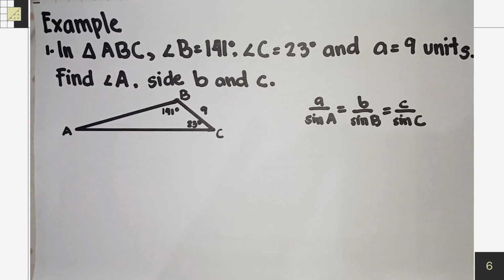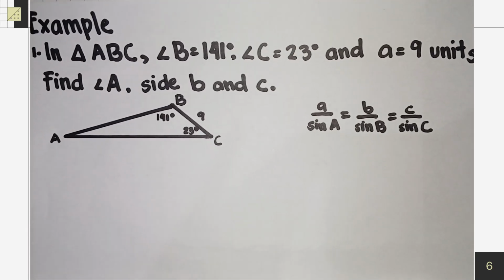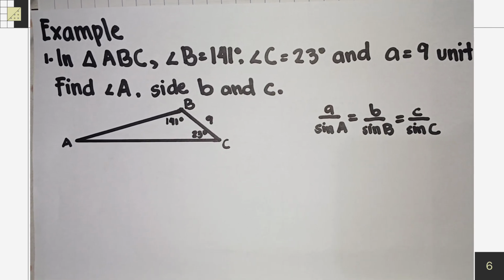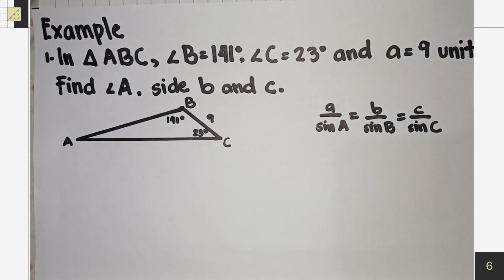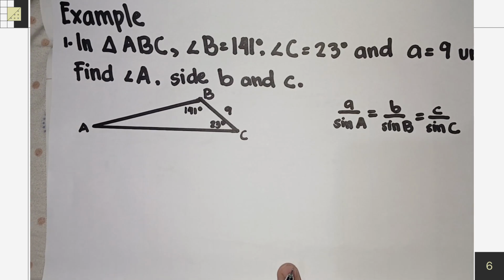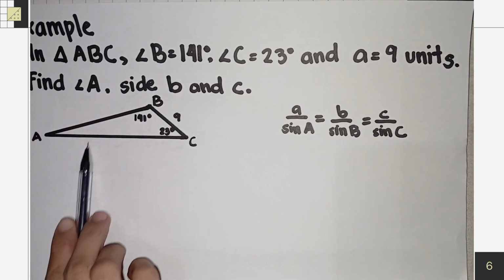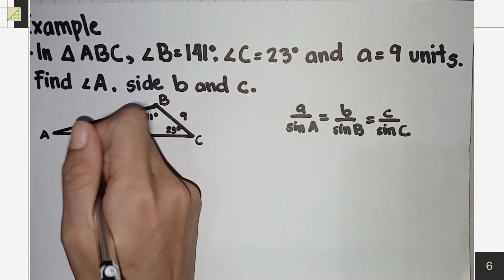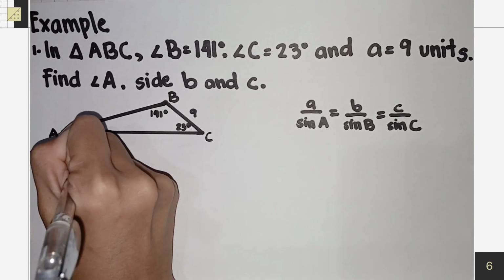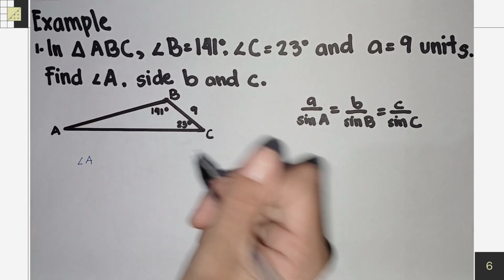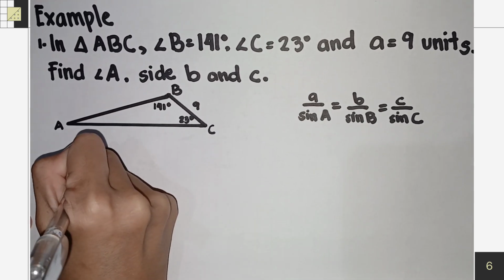So, let's start with the first example. In triangle ABC, we are given angle B, which is 141 degrees, angle C, which is 23 degrees, and side a, which is 9 units. Then, find angle A, side b, and side c. First, we will list down all the 6 parts of the given triangle.